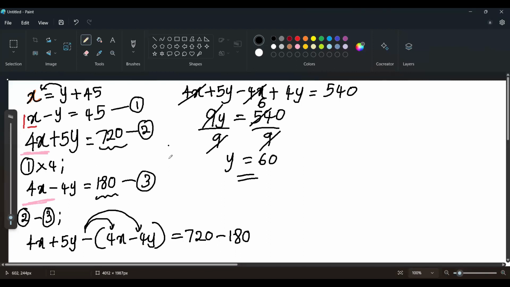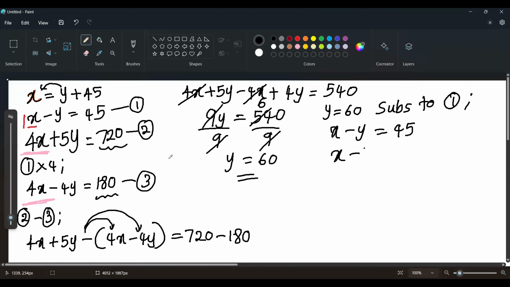Now you can substitute that into the first equation or the second equation. If you substitute y equal to 60 into the first equation, the first equation is x minus y equal to 45.